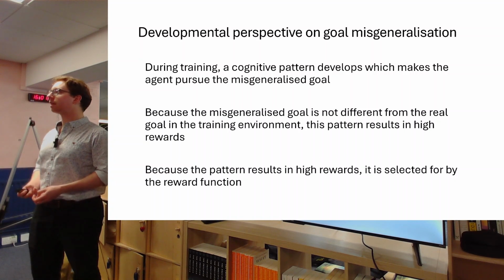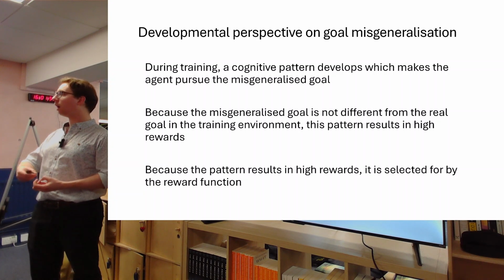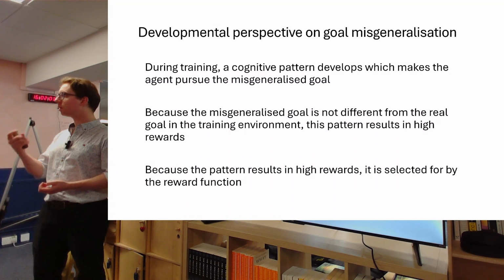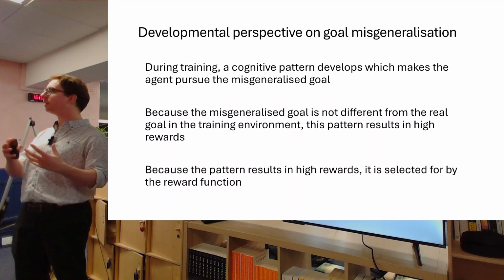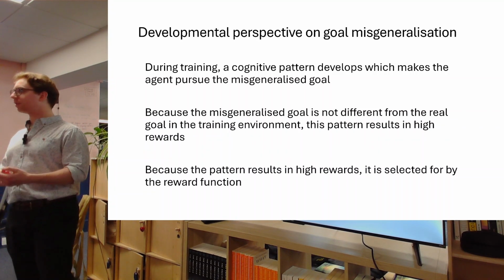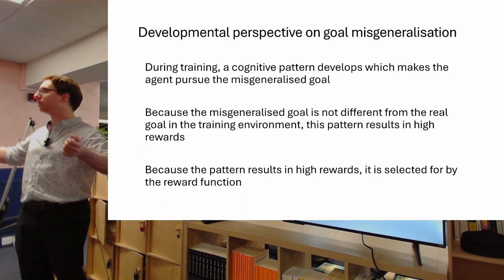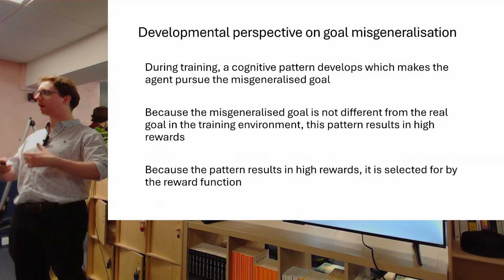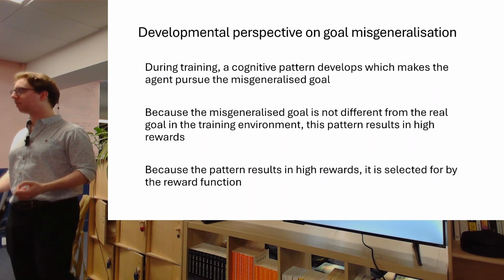It's not simply that it's learned some weird trick for classifying a certain image class using features that we wouldn't want it to use. It's instead that it's learned an entire cognitive pattern internally that is leading it to pursue certain behaviors, right? So it's really the complexity of the internal pattern and the fact that this pattern persists over many different inputs, over many different states. But they're very similar.